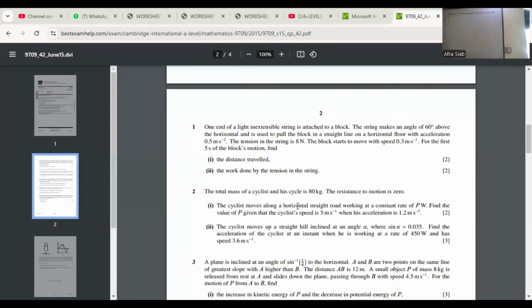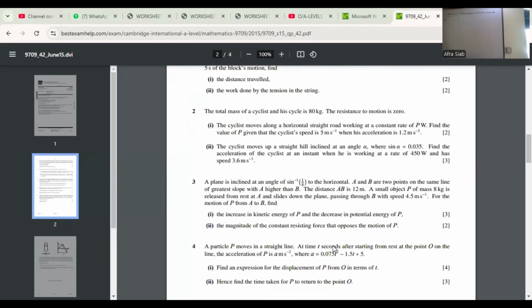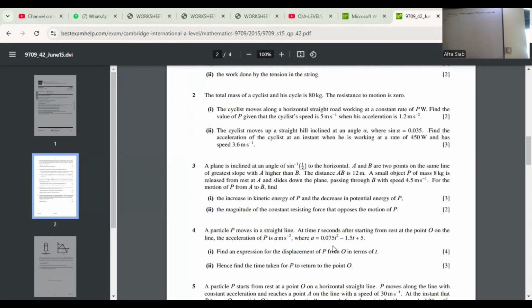Now question number 3. A plane is inclined at an angle of sine inverse of 1 over 8 to the horizontal. A and B are 2 points on the same line of greatest slope, with A higher than B. The distance AB is 12 meter.